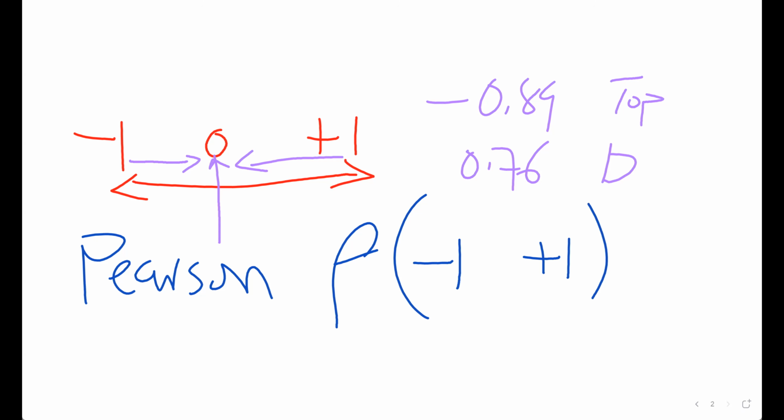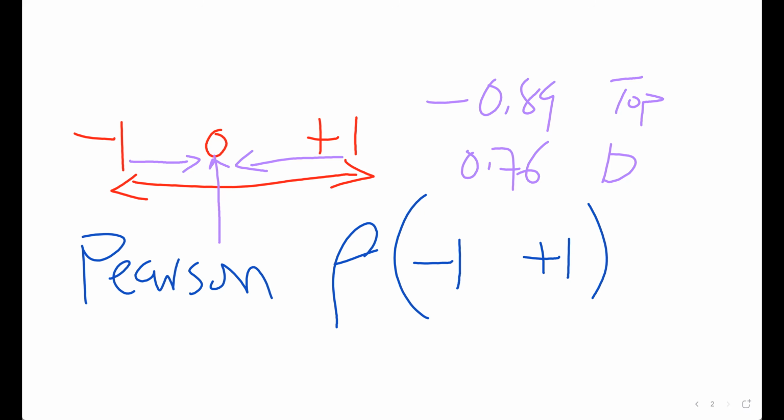The strength matters, because the number will tell you the strength. So with that in mind, we can go ahead and establish that correlation exists when two variables are highly related. When two variables are related to each other, then we have a correlation. Let's go beyond correlation.